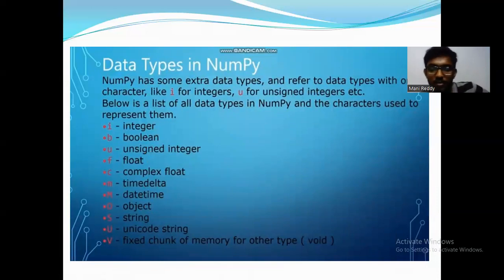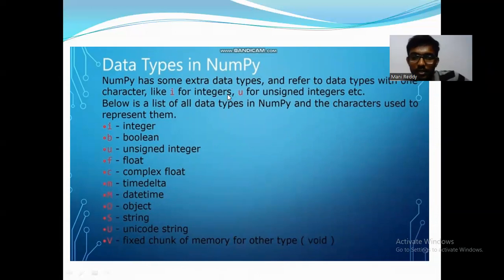NumPy has some extra data types and refers to data types with one character, like i for integers, u for unsigned integers, etc. Below is a list of all data types in NumPy and the characters used to represent them. i for integer, b for Boolean, u for unsigned integer, f for float, c for complex float, small m for timedelta, capital M for datetime, o for object, s for string, U for Unicode string, and V for a fixed chunk of memory for other types, or void.